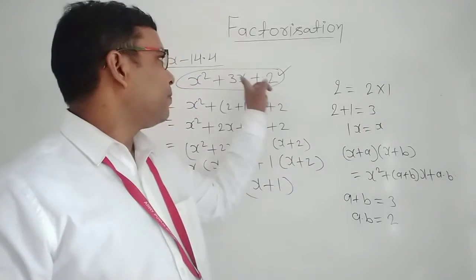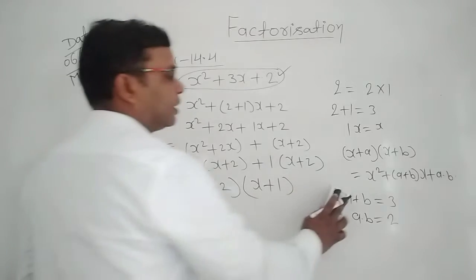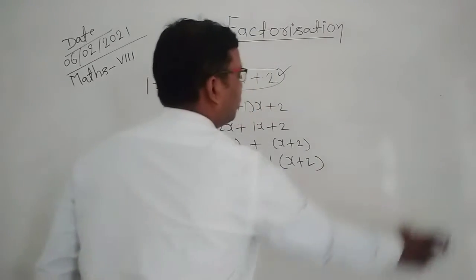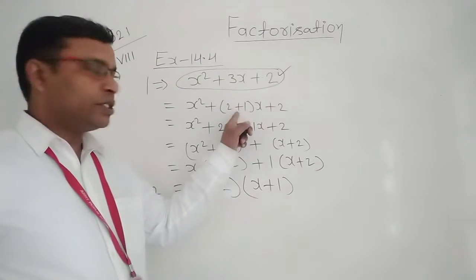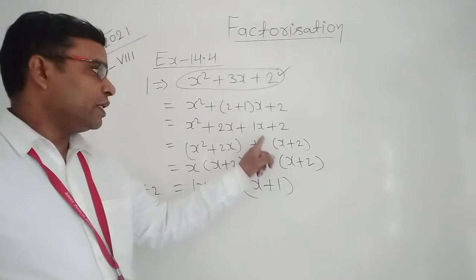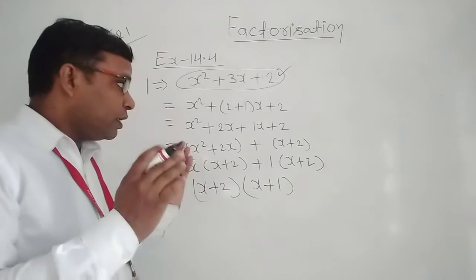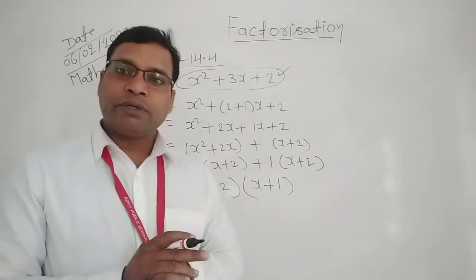This is the coefficient of x. This is clear? So in this way you can break the 3 as 2 plus 1. After this, we apply the distributive law of multiplication over addition, which becomes 2x plus 1x. 1x you can also write as x. Clear? And now after this, we group it such that we get some common factor between them.